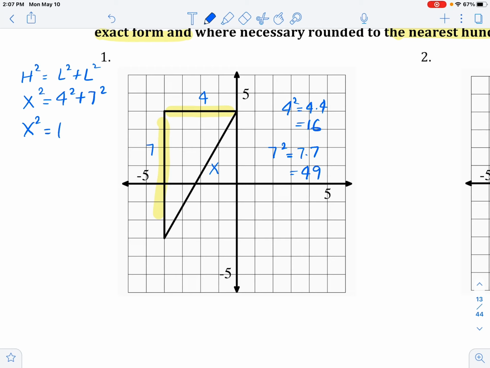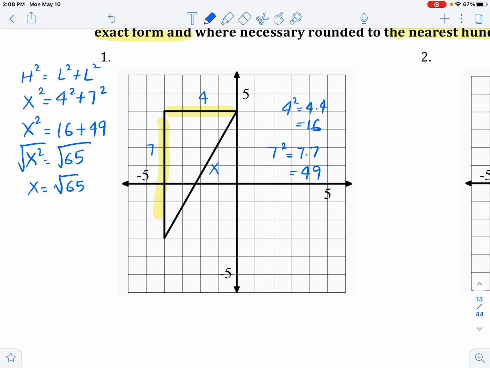I add 16 plus 49 and get 65. Now I take the square root of both sides, and I get x equal to the square root of 65.